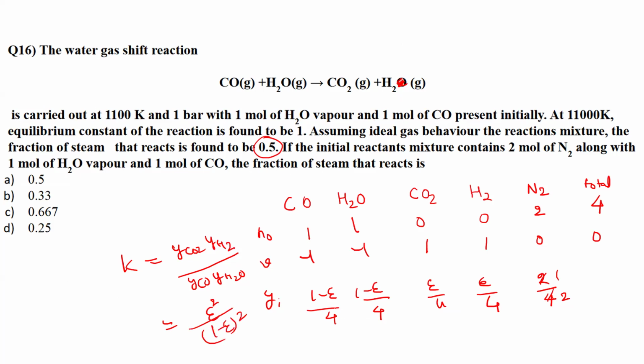The denominator has changed here. But finally, if we solve this also, epsilon is equal to 0.5. But if it's some other reaction where there is some other y, then it will be changing. Here it is getting cancelled everywhere. That's why there is not much problem in this system.